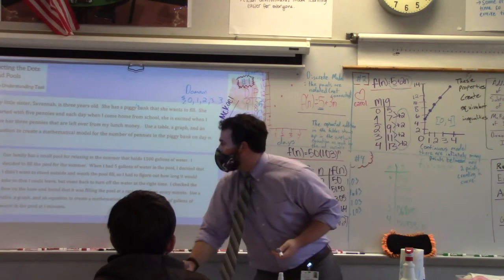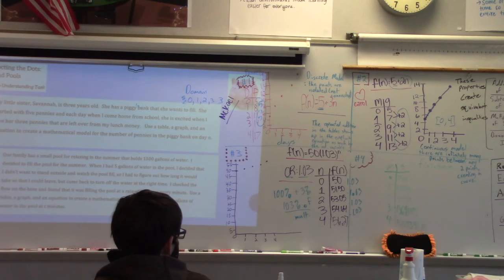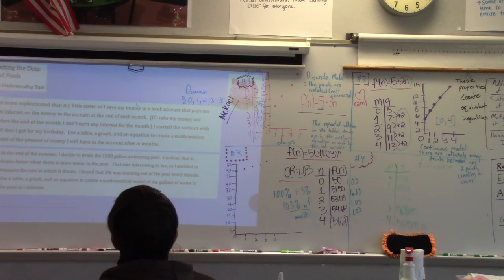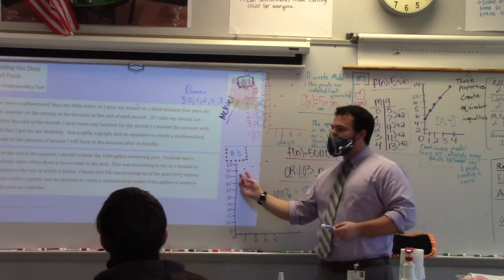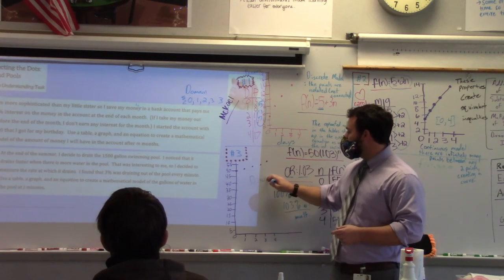If you look at the context here, number 3 explicitly says, if I take my money out before the end of the month, I don't earn the interest, right? So does she get any of the money in between here? No. So that would be discrete as well.